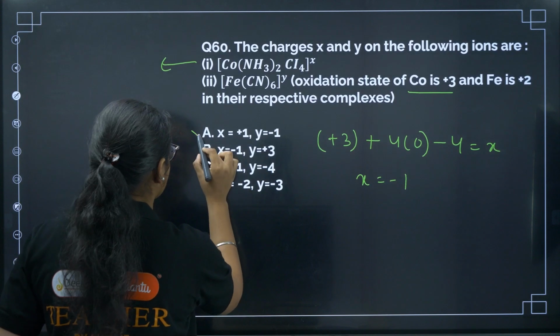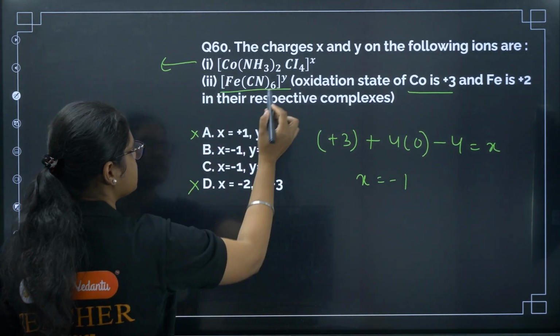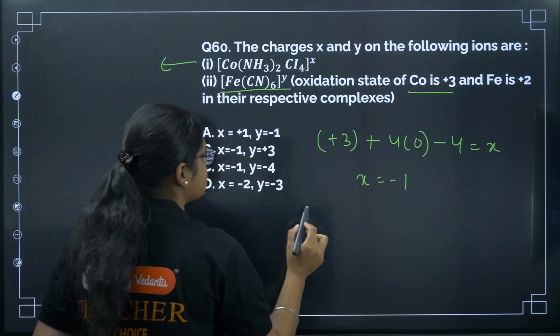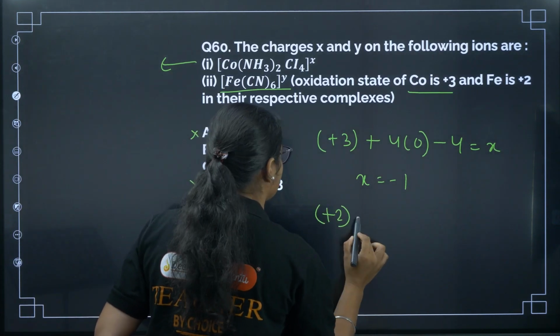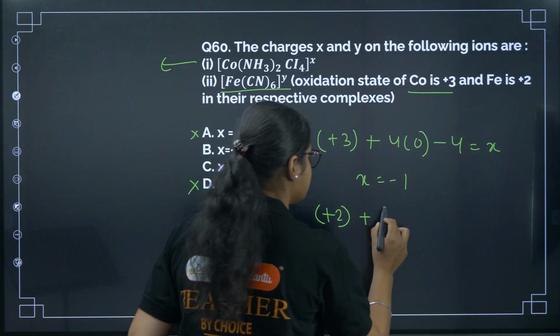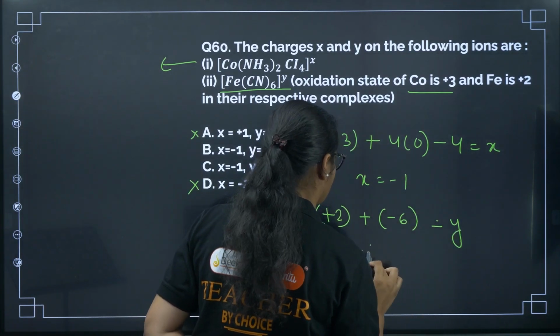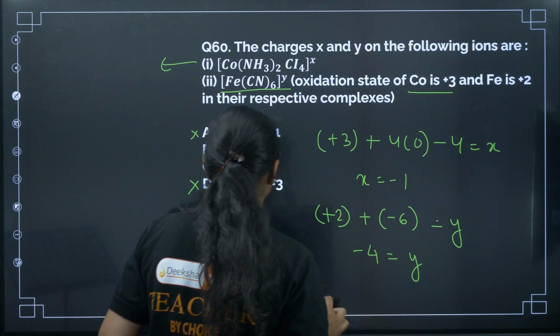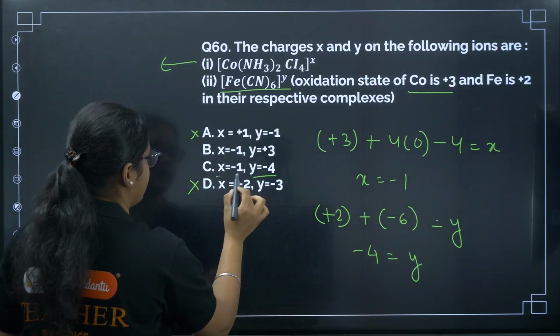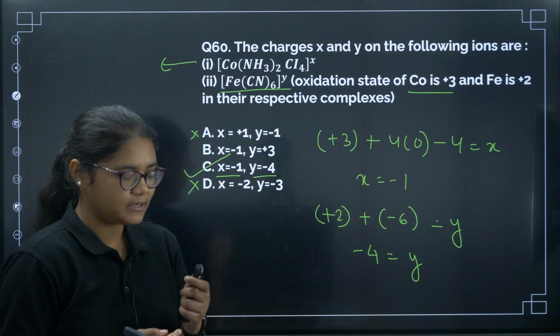So we can eliminate these two options. We have B and C. Now let us see this one. Fe is in +2 oxidation state. Then each cyanide ion is -1. There are 6, so that will be -6. And that is equal to Y. So we will get -4 is equal to Y. So Y value is -4 and X value is -1. So the correct answer for this question is option number C.